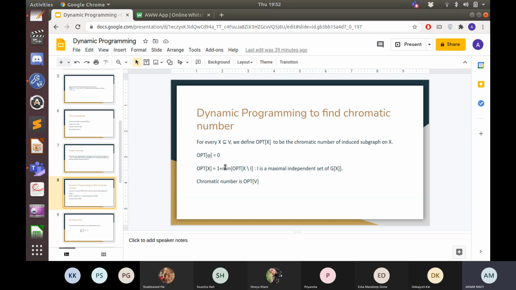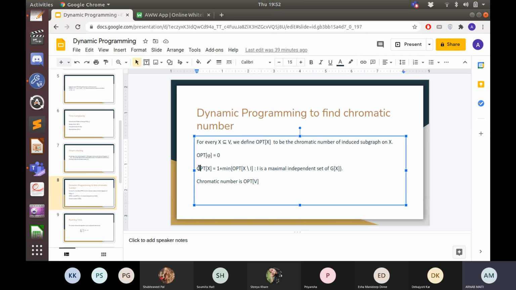That's why it's the minimum of that thing, and you add one. In that fashion, you'll get OPT(X). So is it clear why this equation holds true? This particular equation here. Is it clear?